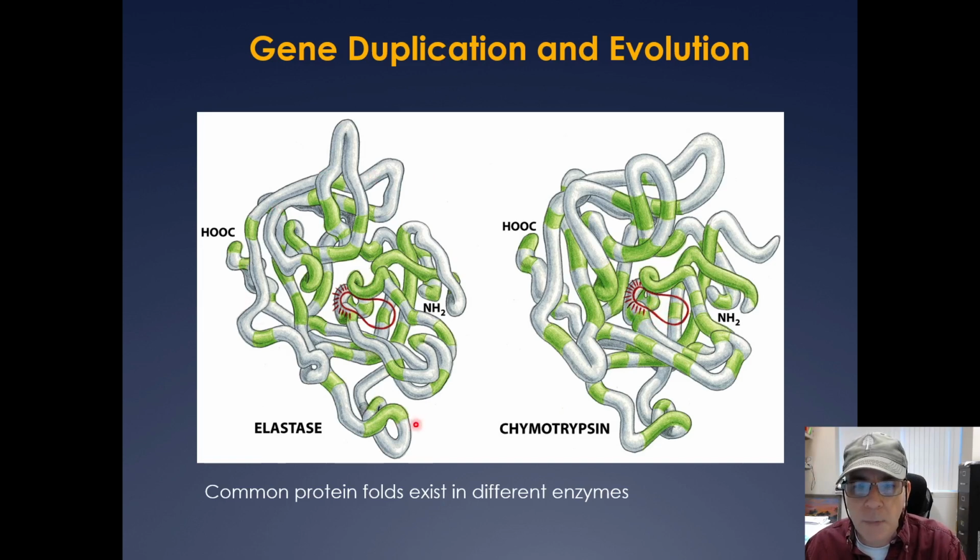The protein domains are very similar, but they have completely different functions. They evolved through gene duplication, and then through evolution, amino acids were changed, and you get a protein that's folded very similarly, with very similar active sites, but with different functions.